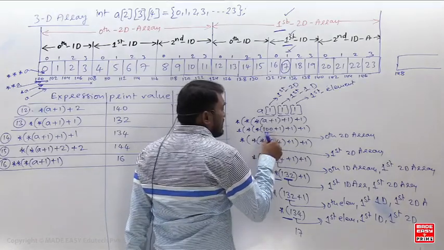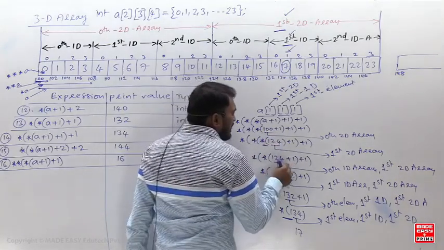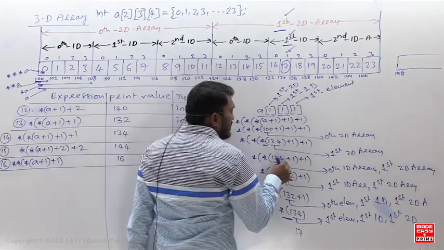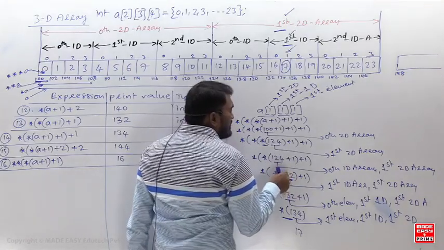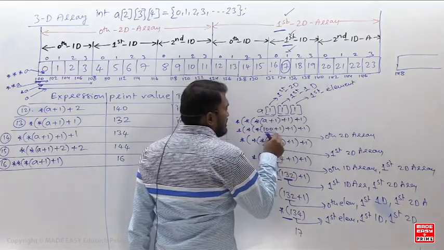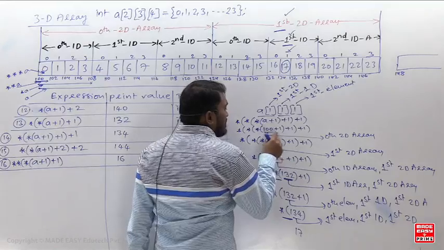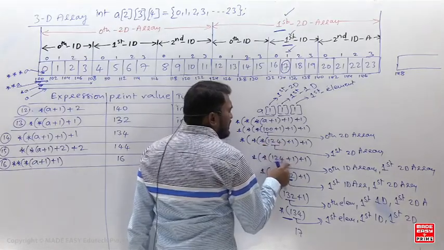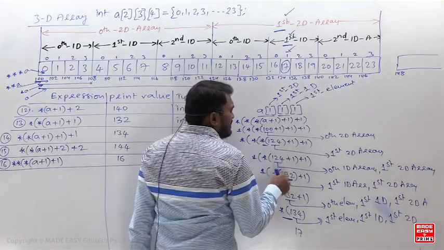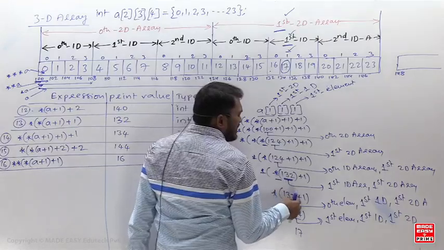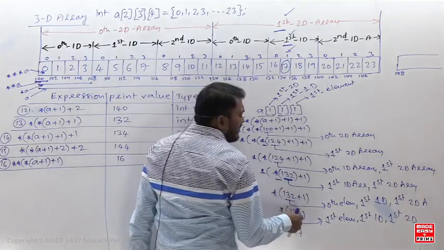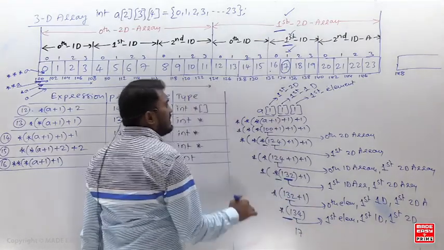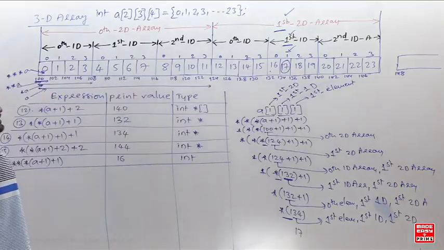Here if I say plus 1, jumping 24 bytes. Here if I say plus 1, it is jumping 8 bytes, because that is the 1D array size. Here plus 1 jumps 24 bytes, because that is the 2D array size. Here plus 1 jumps 8 bytes, because of the 1D array size. Here plus 1 jumps 2 bytes, because that is the element size. I think these are clear for everyone. So you can copy.